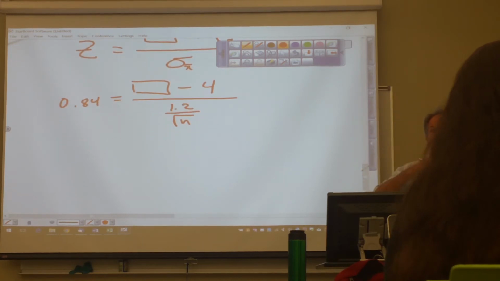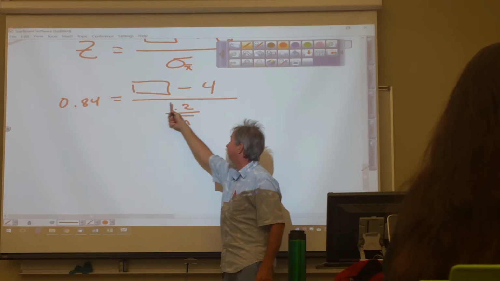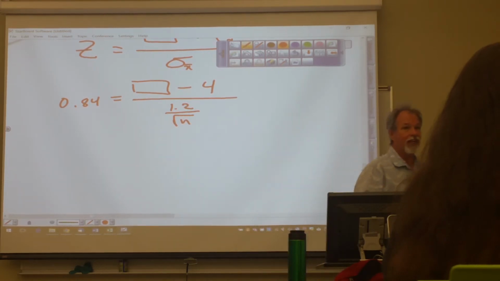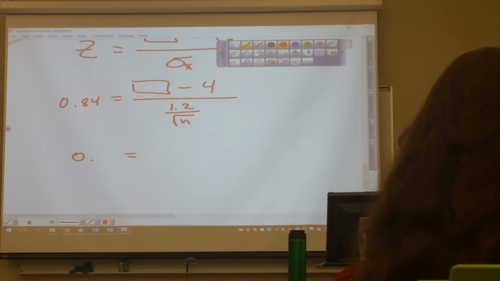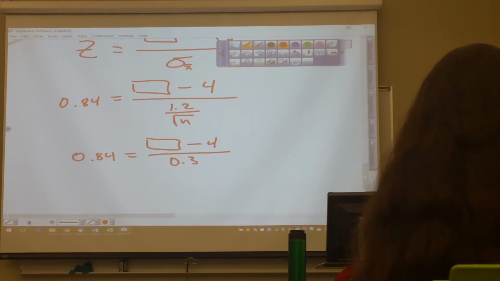I don't want you to worry because as we do more and more different things, for everything that we do, we have its own particular way of calculating standard error. Depending on what we're doing, we will calculate the number that goes here in different ways. That's why I say we always divide by some sort of standard deviation. So in this case, I get 0.84 is equal to my missing number minus 4 divided by 0.3.